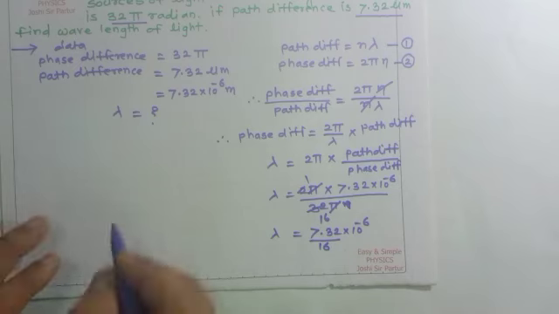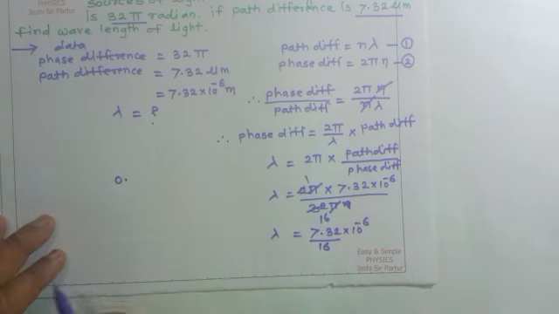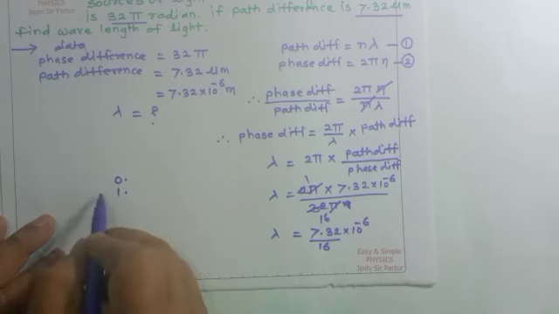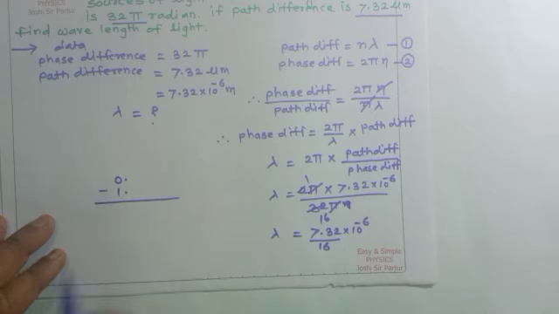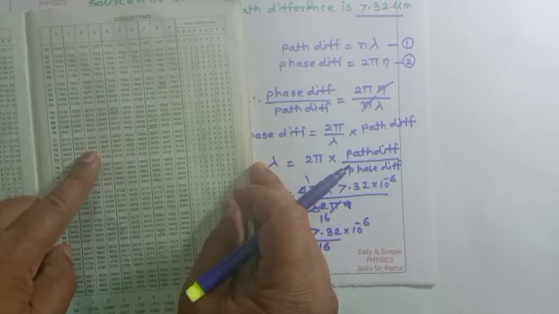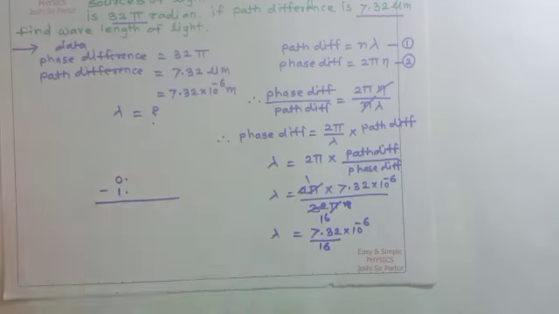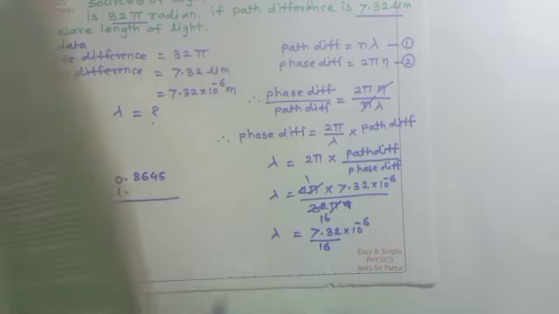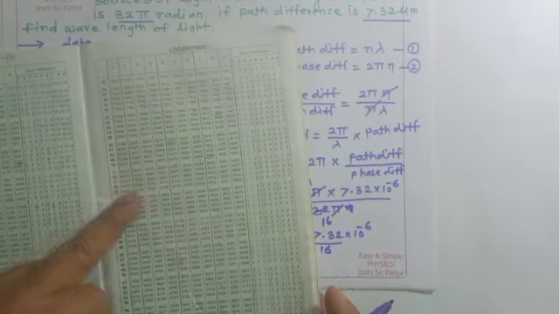If we take logarithm, the numerator characteristic is 0 and the denominator characteristic is 1, with subtraction. Using the logarithm, 73 into 2 gives 8645.